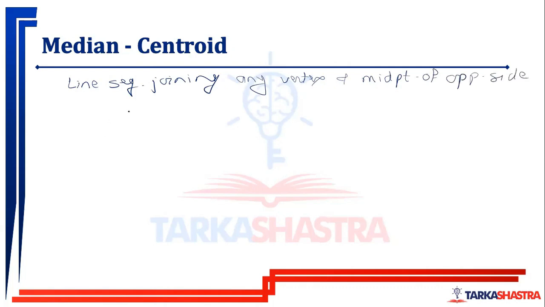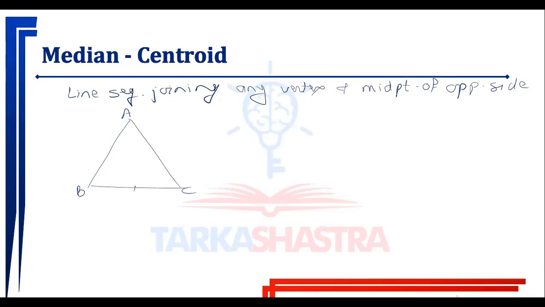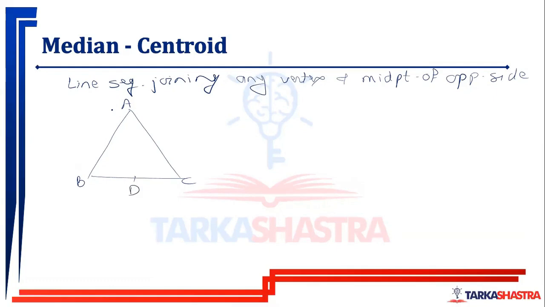For example, if I draw this triangle, so triangle ABC has three vertices A, B, and C, and three sides, namely AB, BC, and CA. If I say that point D is the midpoint of side BC, and I try to join this vertex with this point D.